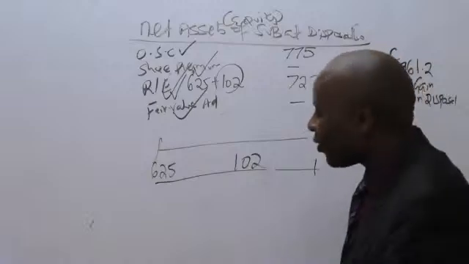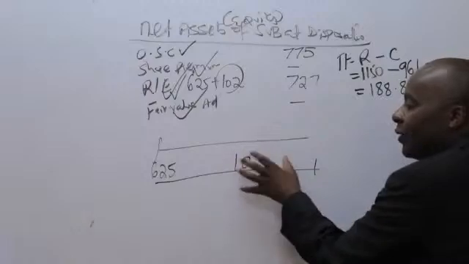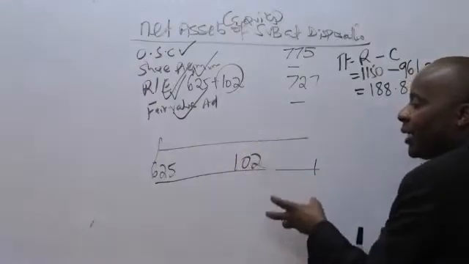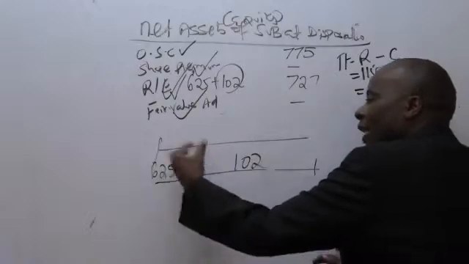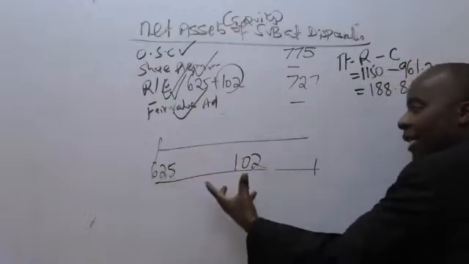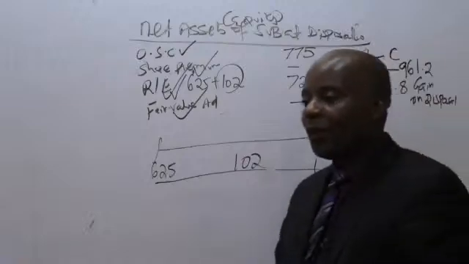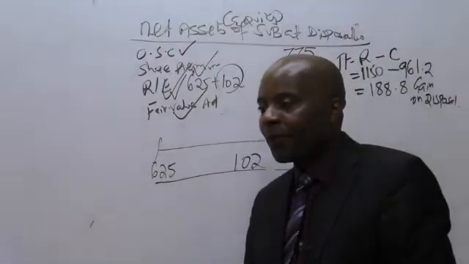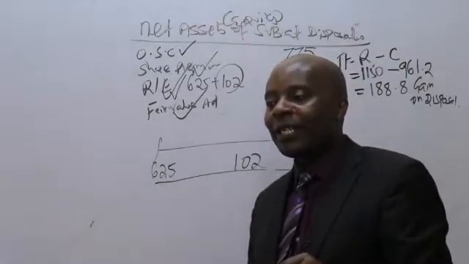So by the end of the year, what will be the total retained earnings? Remember, these guys never paid any dividend. So at the end of the year, it will be the 625 that it came with, plus the 102 which has been retained to become part of that. Mary, are we together there? Great. So then we have gotten 188.2.